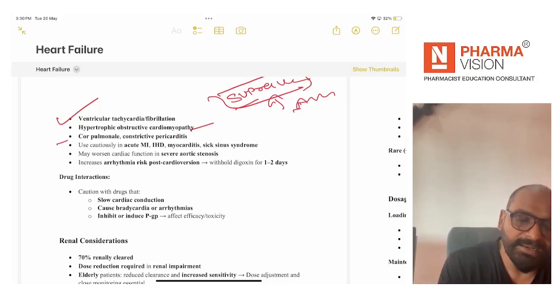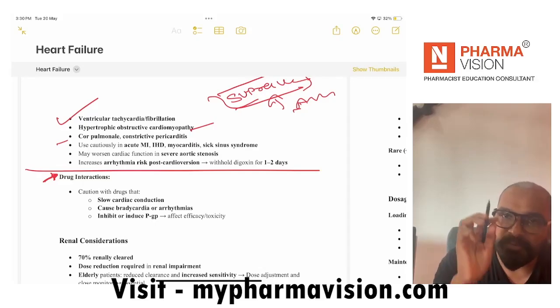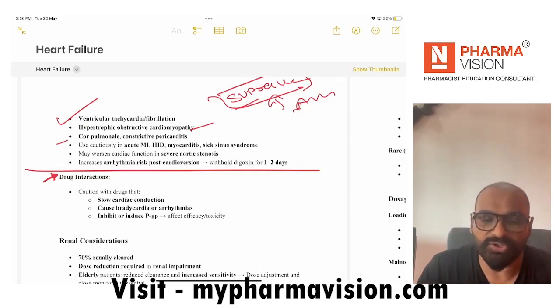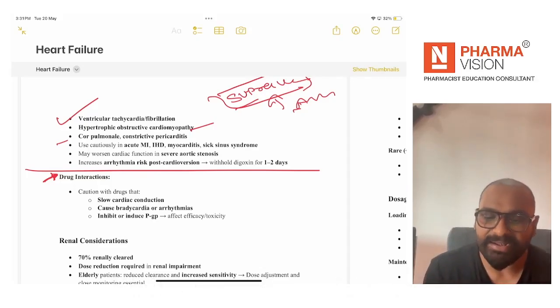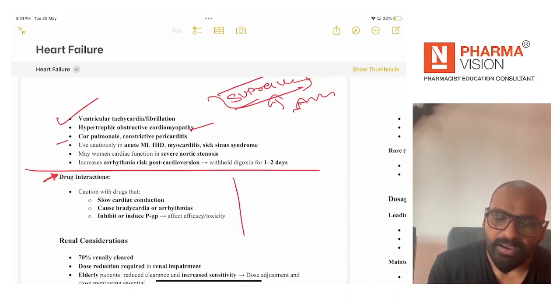Now drug interaction, definitely you are going to get questions from this part. Broadly, understand it like this. Digoxin slows down the heart rate.